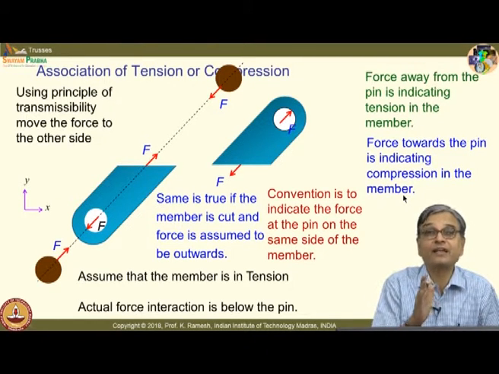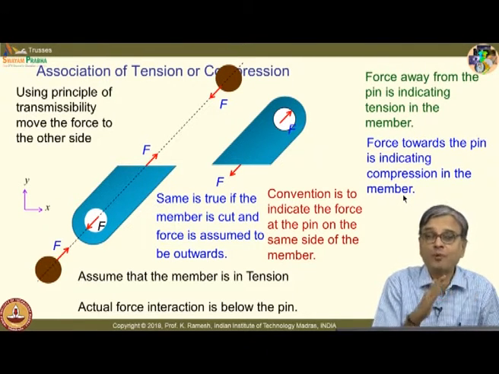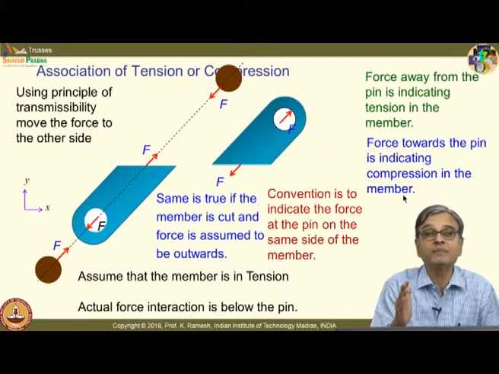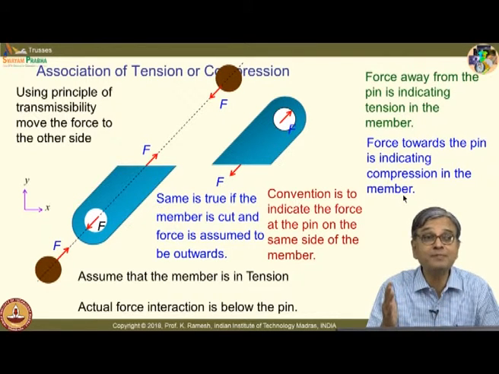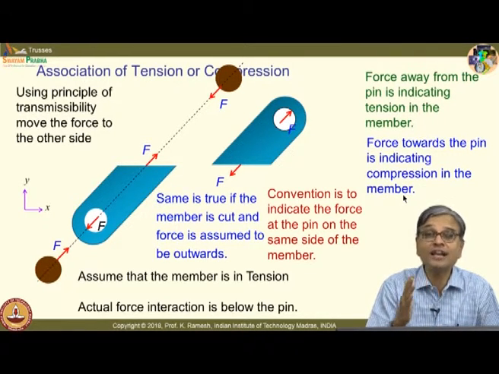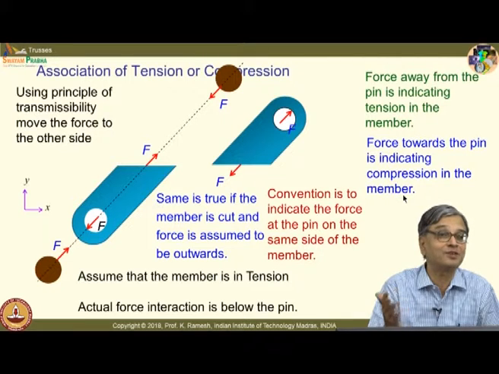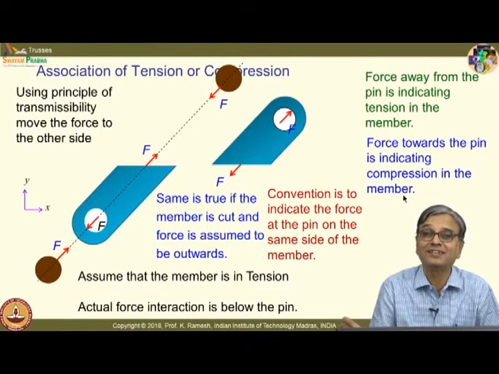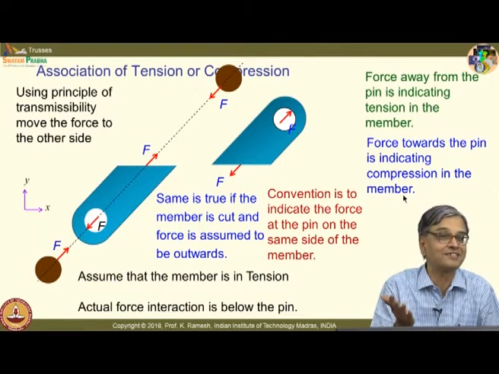You have to be very clear about this, because when you solve a problem in truss, you are expected to finally summarize your results, indicating which members are under tension, which are under compression, and which are zero force members. Do not neglect zero. When you want to get a job, you want many zeros after 1 or even 5, because salaries are skyrocketing these days.